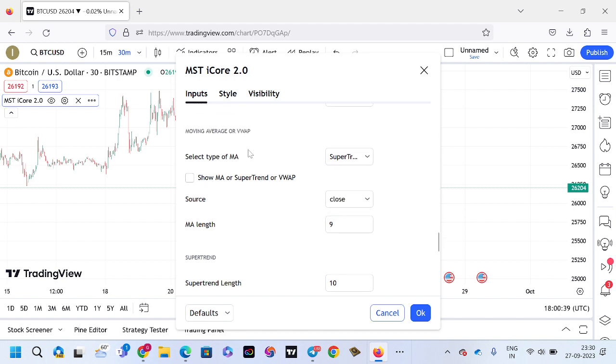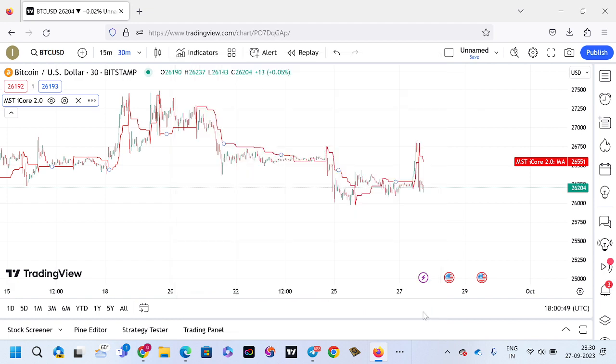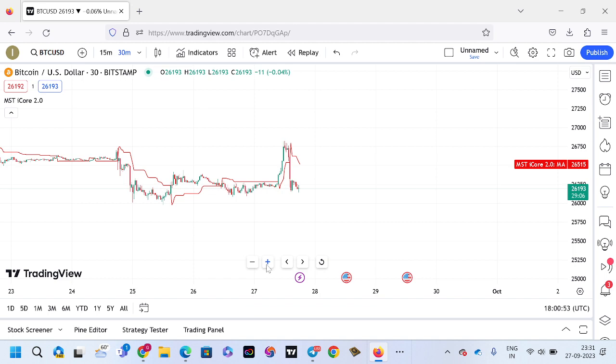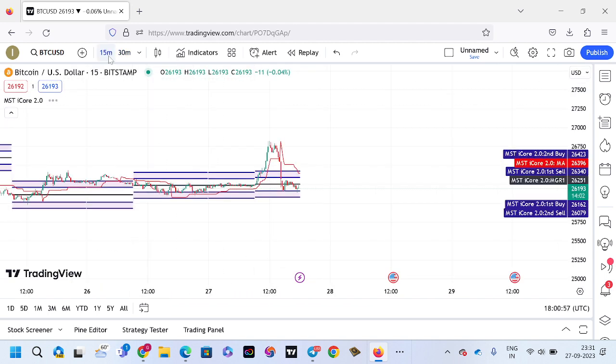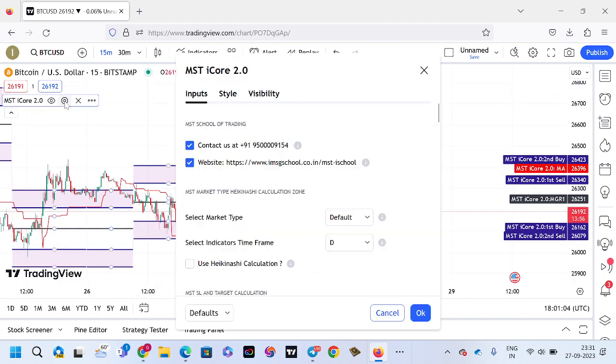And in a single moving average, I have kept customized super trend, trend line, trend signal, zero lagging moving average, and all the commonly available moving averages. See here. So whichever you want, that you can use. So our indicator is working in all types of market.